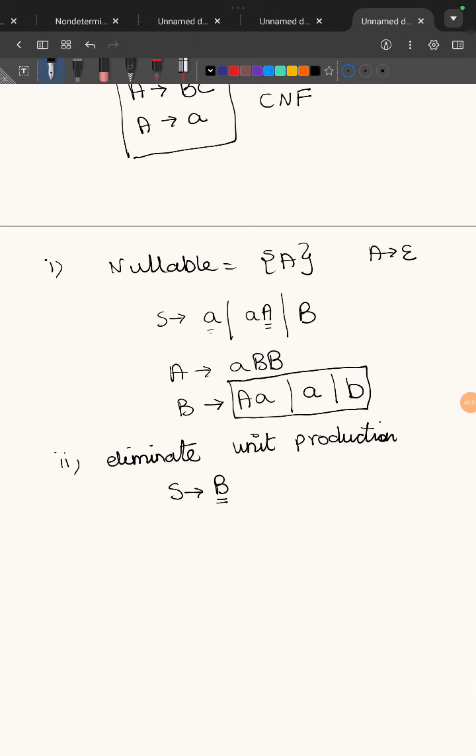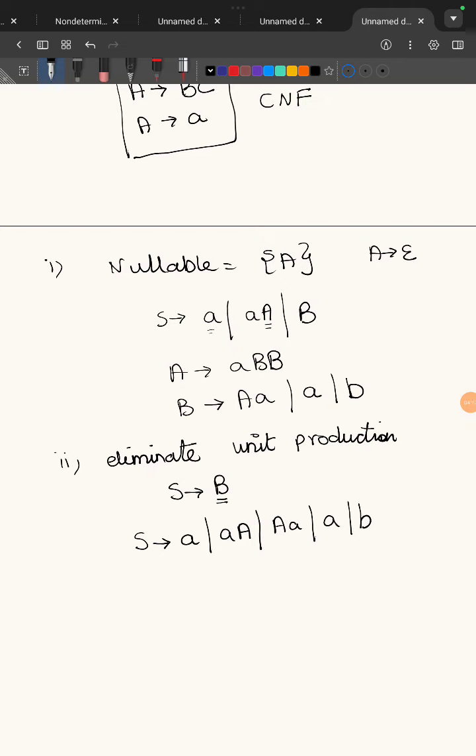S is already deriving A. Instead of this B, you now write this entire thing. So S will become A or B. Already there is a over here, so we need not specify one more a. We can directly write A or B.